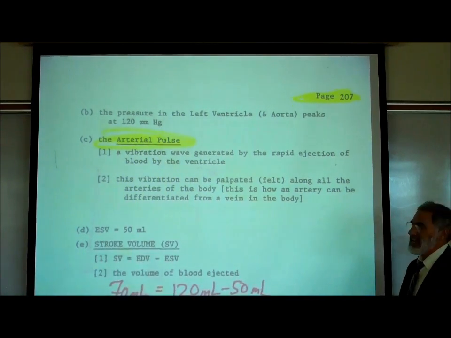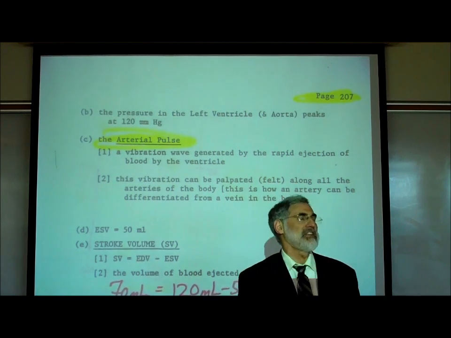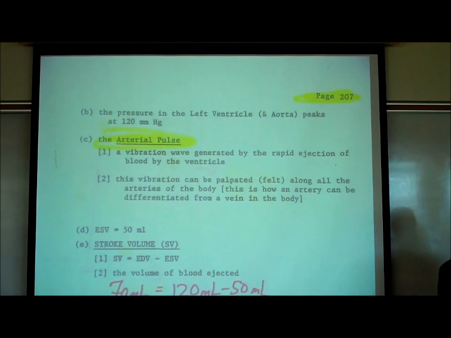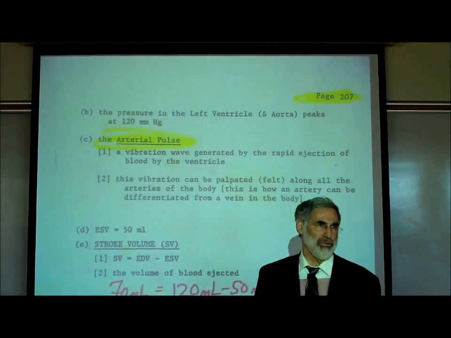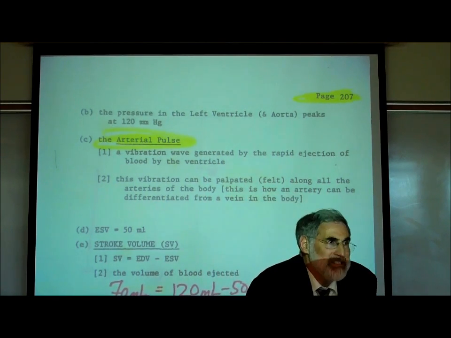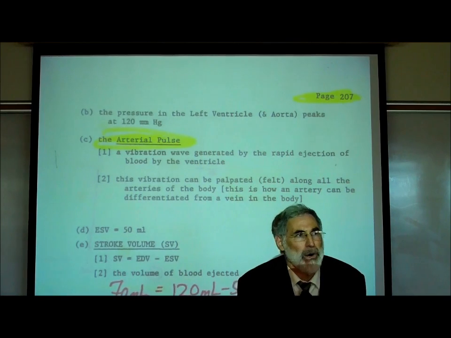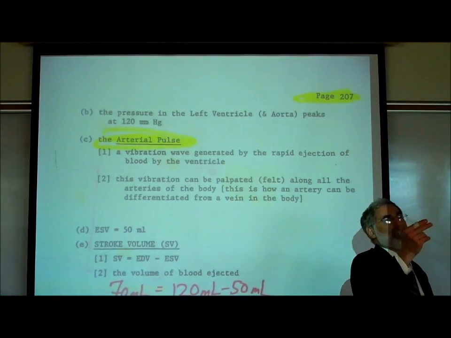Have you ever heard of taking somebody's pulse? What are you trying to determine when you take somebody's pulse? Their heart rate. You feel a pulse. You are not trying to determine their blood pressure. You cannot feel blood pressure with your finger.